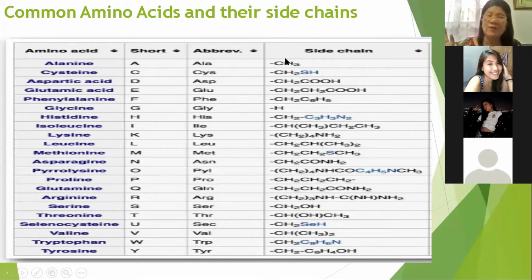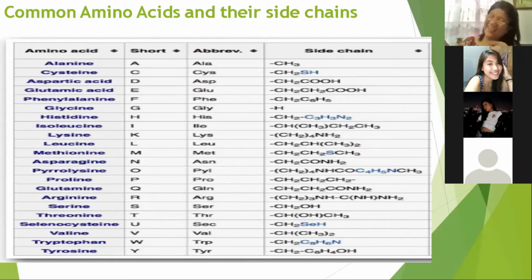Take a look at the side chain. The simplest amino acid is alanine. Its R is only CH3, the methyl. So alanine is the simplest. Can you still remember the amino acid structure? That is the central C with H, then COOH, then the amine, NH3. Then the side chain, for alanine, CH3.